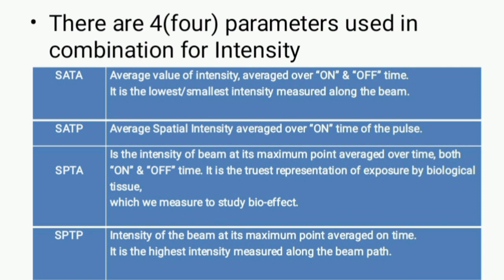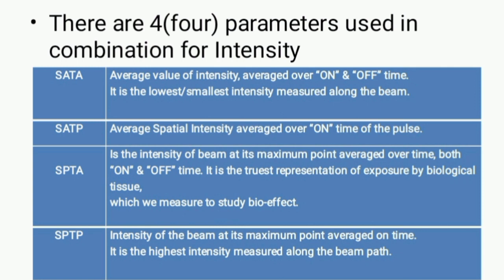SATA is the average value of intensity averaged over on and off time. It is the lowest or the smallest intensity measured along the beam. SATP is the spatial average averaged over the on time of the pulse, while SPTA is the intensity of the beam at its maximum point averaged over time, both the on time and the off time.